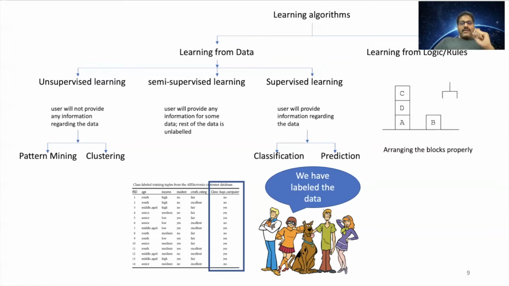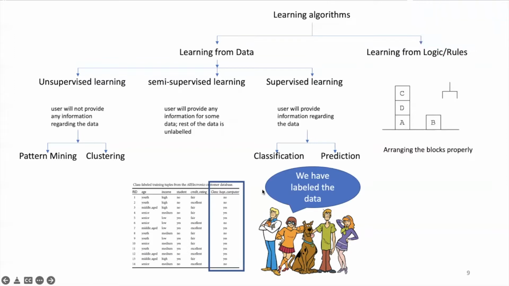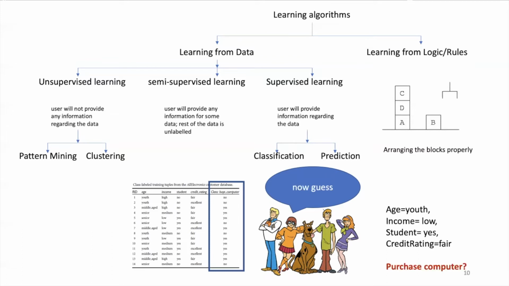Depending on the purchase history, the customers will be labeled as yes and no. The learning algorithm will analyze this labeled data and make a model. Next, when the user asks, guess for a new customer whether he will purchase a computer or not, the algorithm makes the prediction.